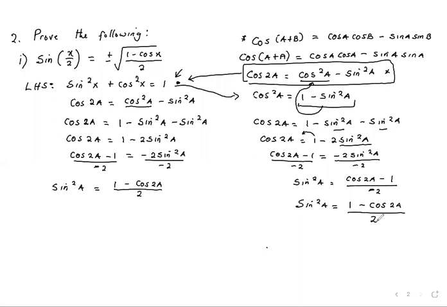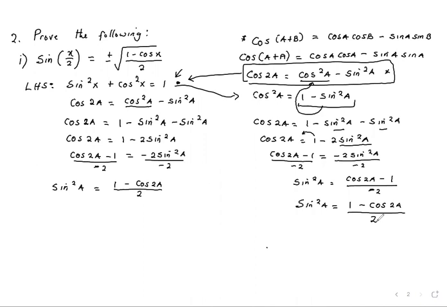Sir, hello. From where we had sine squared A equals 1 minus cos 2A over 2, I don't understand how we've moved from there. From where there is cos 2A, I get what you did there. Then sine squared A equals 1 minus cos 2A over 2.